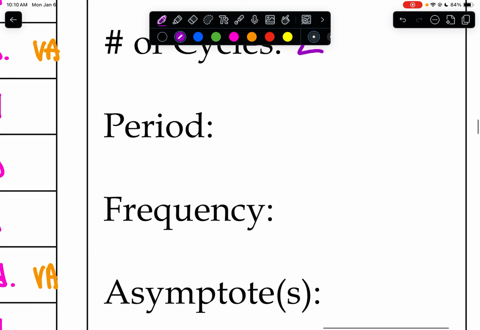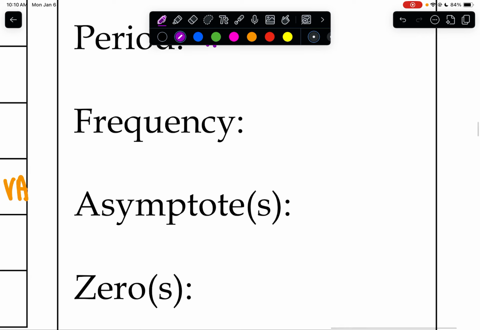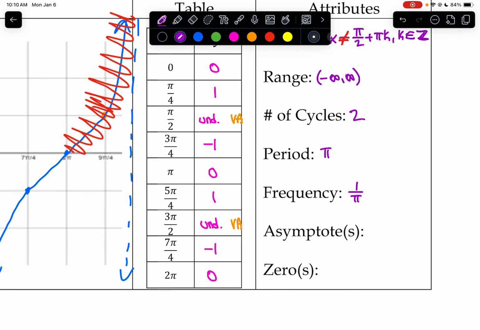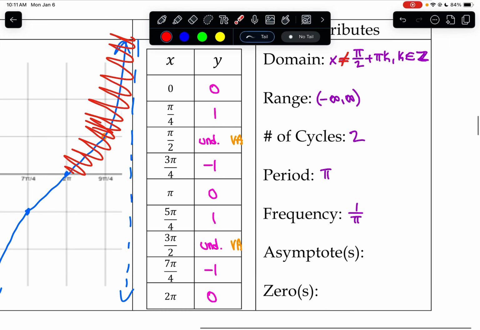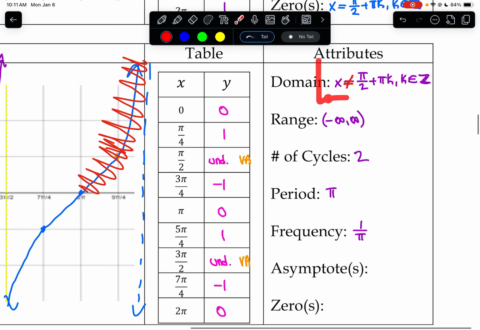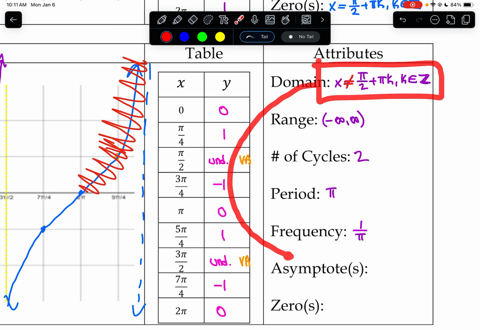All right, and then with your period and tangent, that's going to give you just 1 pi. Then your frequency is going to be 1 over the period, which means we're looking at 1 over pi. And then your asymptotes, what's really handy about this is you're actually just going to copy and paste what you did for the domain down here for the asymptotes.